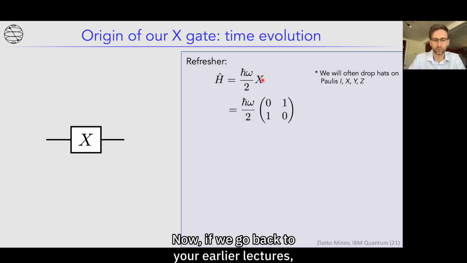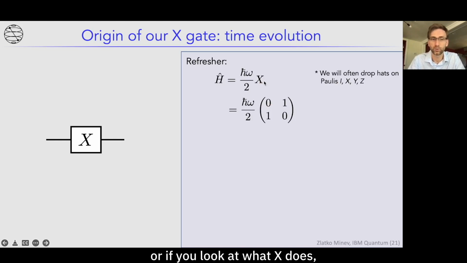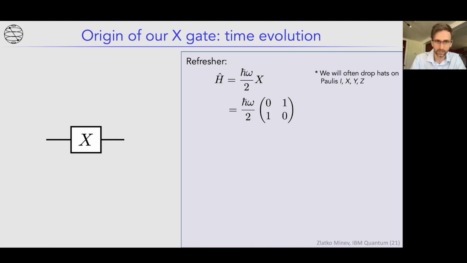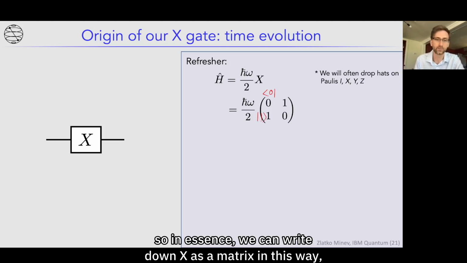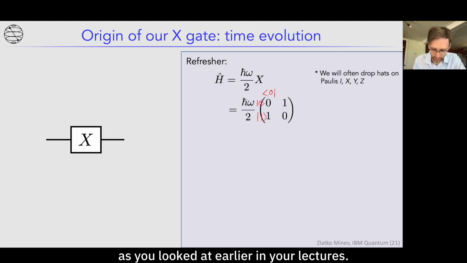Now, if we go back to your earlier lectures, or if you look at what X does, if you put in a state, let's say 0, X will flip the state 0 into the state 1. So in essence, we can write down X as a matrix in this way, as you looked at earlier in your lectures.